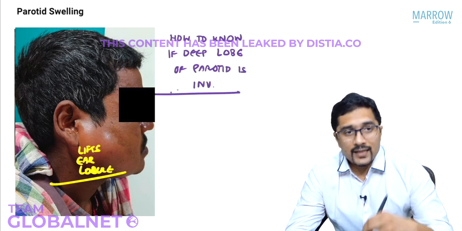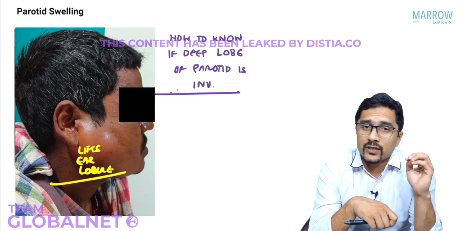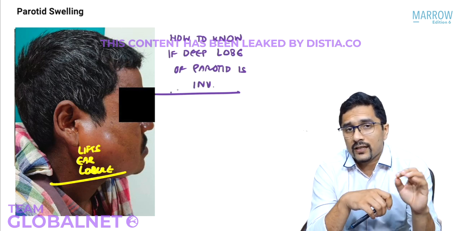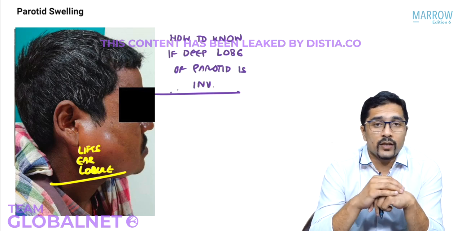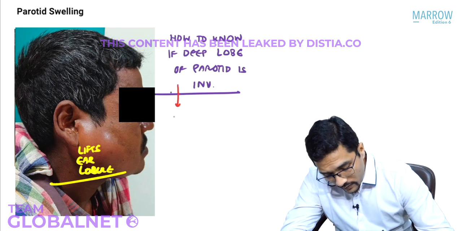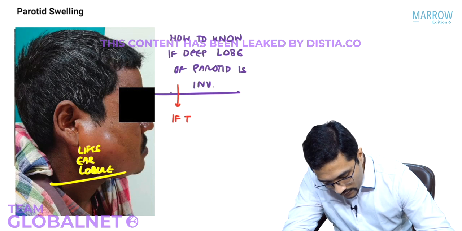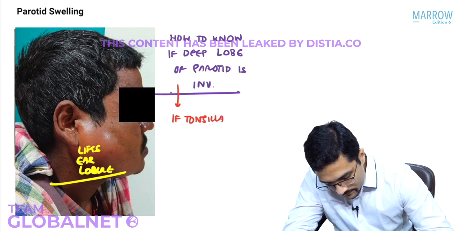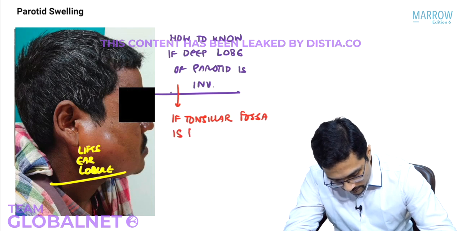So this was asked in the DNB exam and the FMG exam. I think it's a very good question. They had asked clinically, how do we know that the deep lobe of parotid is also involved? For that, we ask the patient to open his mouth and we see if the tonsillar fossa is pushed medially.